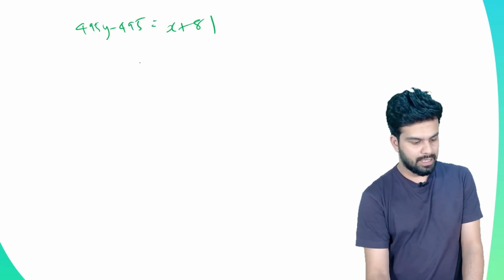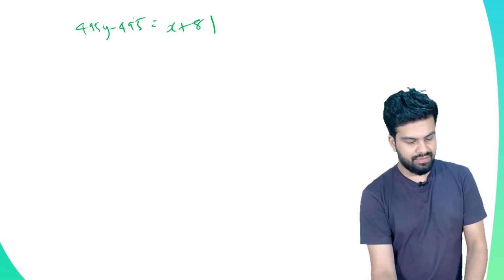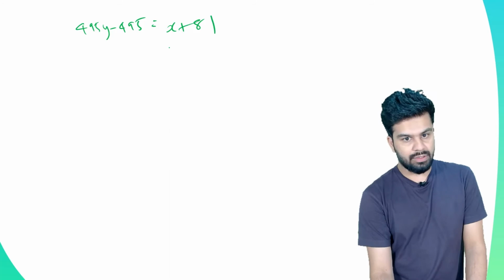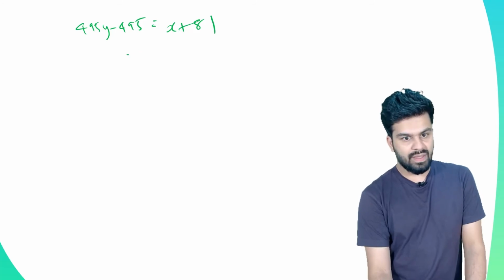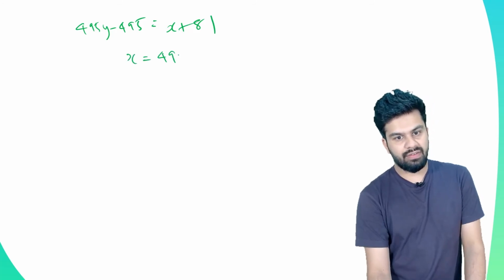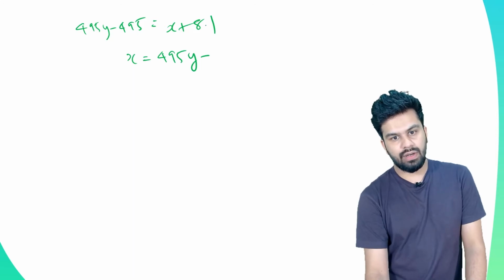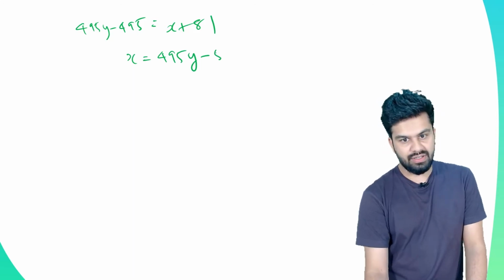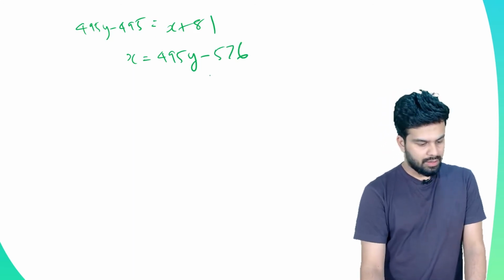This equation, 495y minus 495 is equal to x plus 81, we can write, right? Now 495y minus 495 is equal to x plus 81, so we can say x is equal to 495y minus 495 minus 81, this is equal to 576, we can write, right?